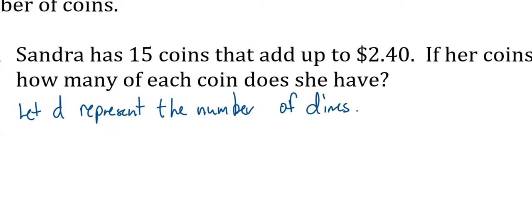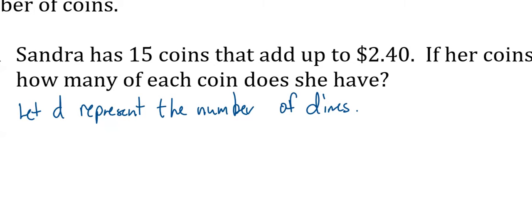So if I have 15 coins in total, and I have D dimes, how many quarters do I have? We don't know the answer. It's not like the answer is 4. We don't know that. Here's another stretch. Does anybody know?